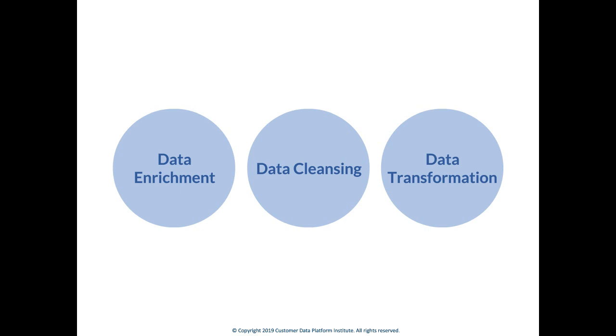This is where you take different pieces of data and put them together, maybe for the sake of a calculation, or potentially change up data types. If you have, say, a Boolean data type that comes into your database and you want to change that into a text field and make it a yes or a no, that's a data transformation. And the outcome of data transformation, of course, is a data analysis process.